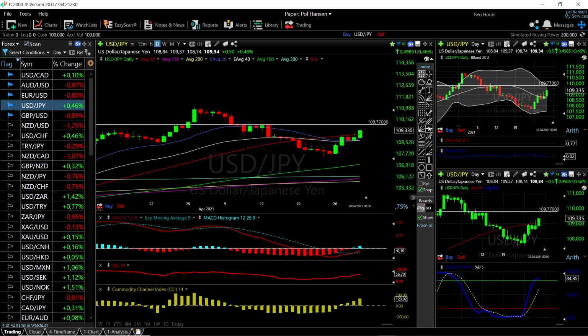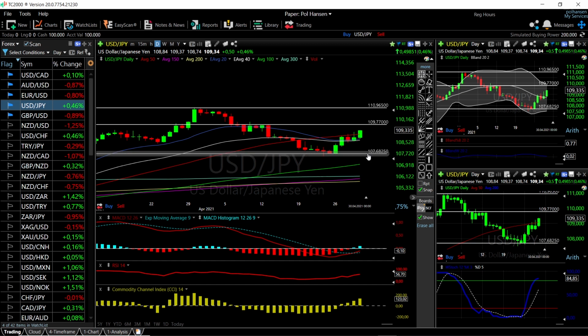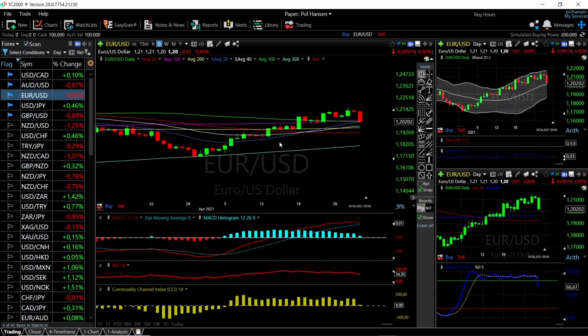If we break above that, then we could head towards these previous highs at 110. A breakdown from here will most likely find major support down here at 107.68.